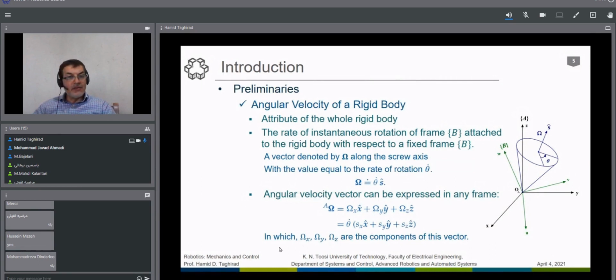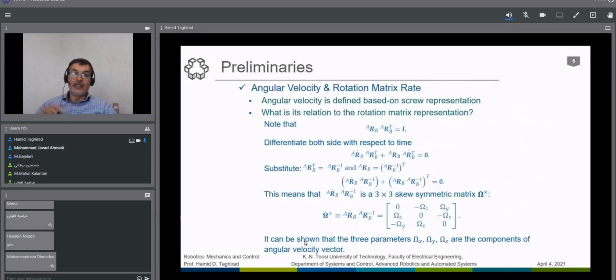In almost no other reference is the definition given this way; they are given in a more difficult way. Let's see how difficult it is. We saw that angular motion can be represented by a rotation matrix.